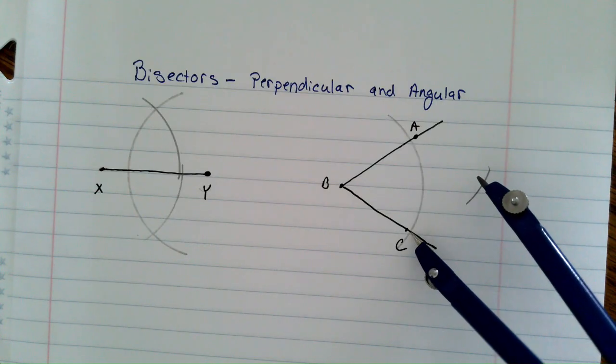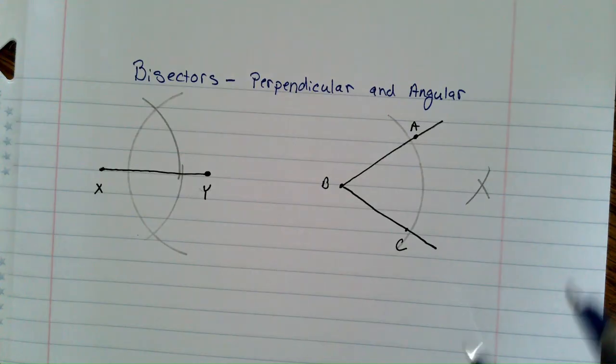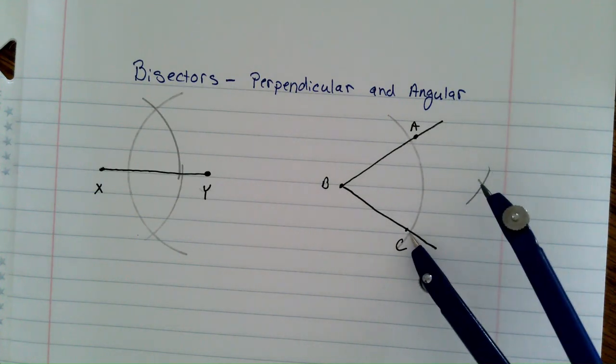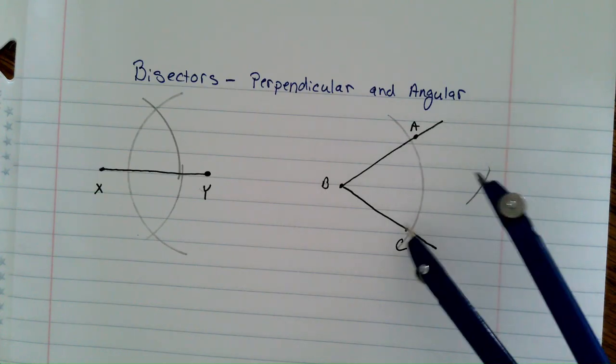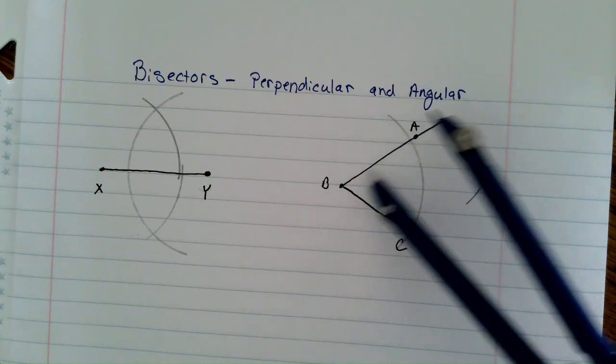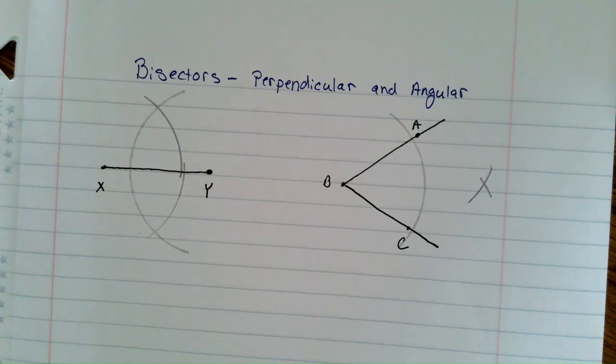And notice I'm using my pencil mark from my compass. That way, from here to the center of this new circle is the same distance as to here. So that's very important, not from A and C, but from where my pencil of my compass crossed this ray versus this ray. If you can do that much and you can make your picture look like this, you actually have the perpendicular bisector and the angular bisector ready to go.